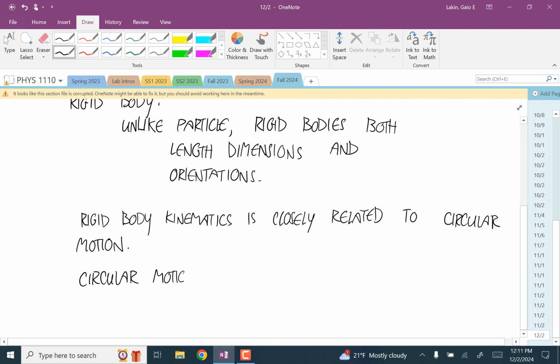Circular motion is the motion of a particle around a circular path.